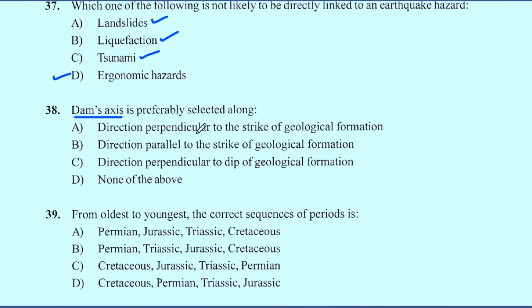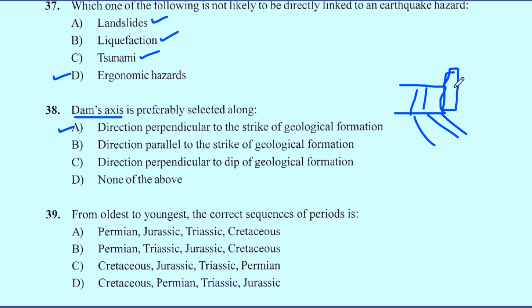Next question is dam axis. Dam axis is always perpendicular to the strike of the geological formation. Suppose this is our construction in 3D, and our bedding is like this. Below there is bedding like this, and I have constructed the dam over here.